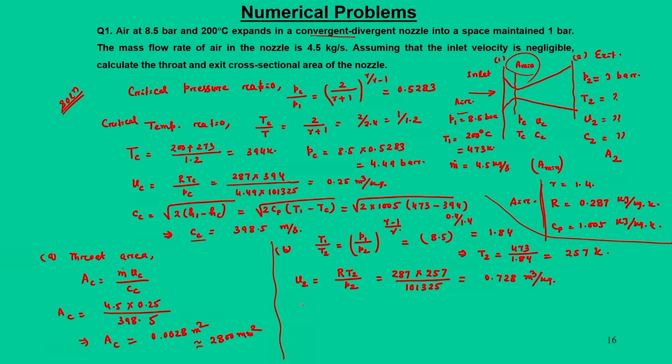Then we can find C2 as the square root of twice Cp times (T1 minus T2).